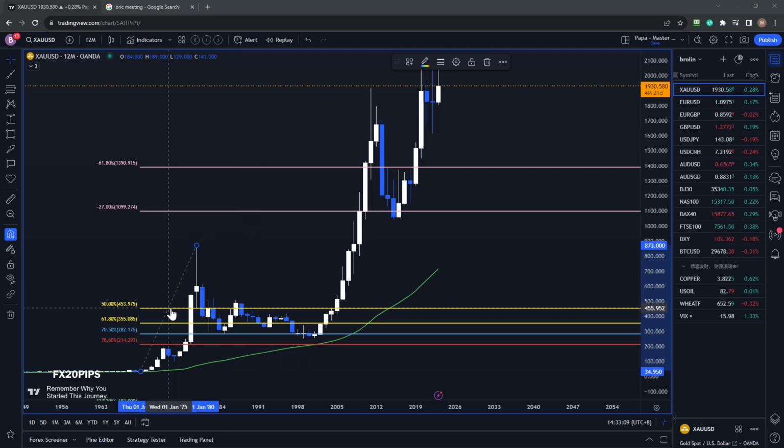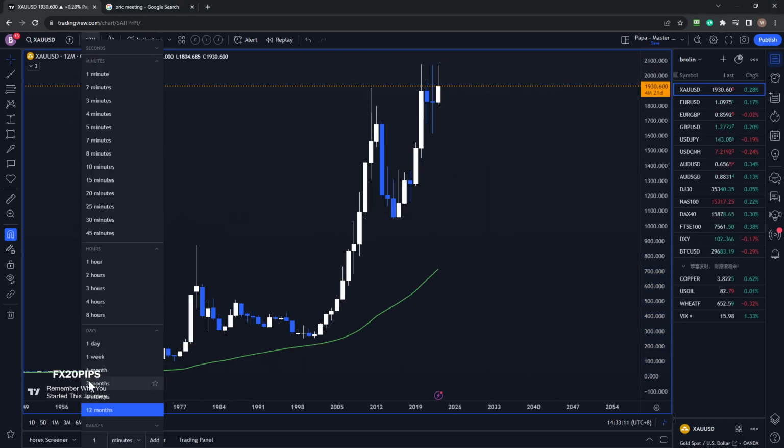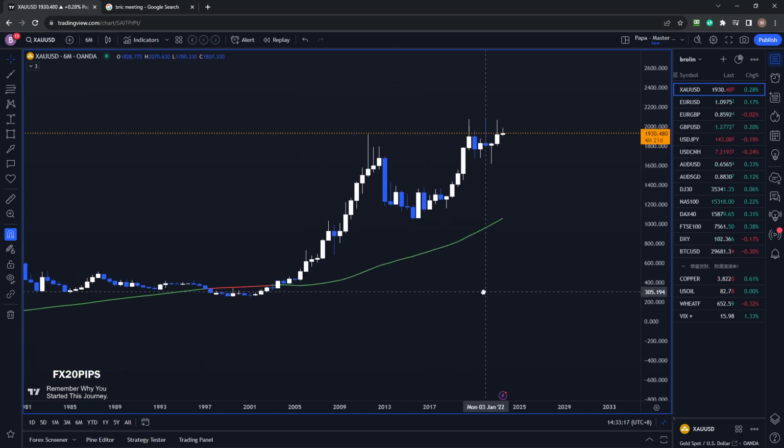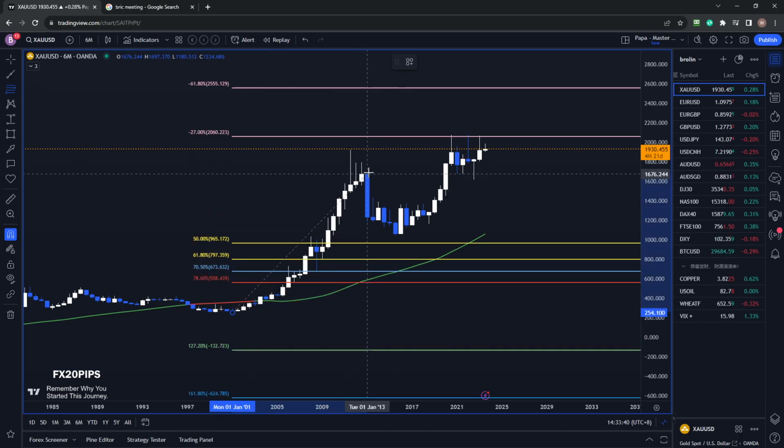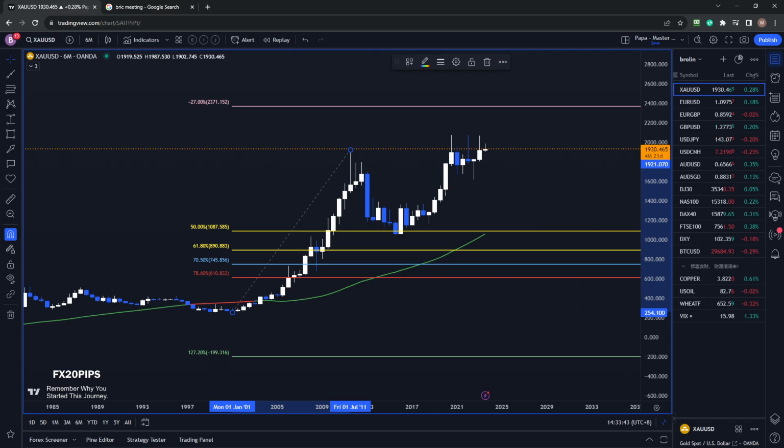Now let's go to 6 months. In the 6-month candles, we can see that this is a trend and it goes up here. Every time I see this high and low, I always want to pull up a fib just to see what level it is dropping to. We can see that this is a retracement of 50% around there.